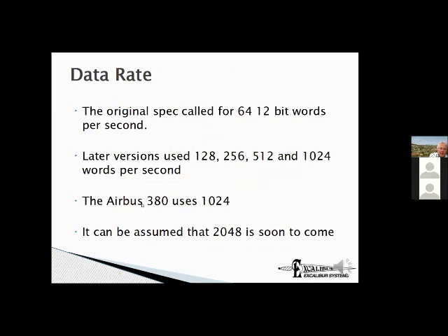Okay, now data rate is, so the original spec said that there are 64 words per second, right? We've been talking till now about frames. There's 1 subframe per second, a frame every 4 seconds, and there are 12-bit words, but we didn't talk about how many 12-bit words. And the number of 12-bit words is going to determine how long it takes for a bit.